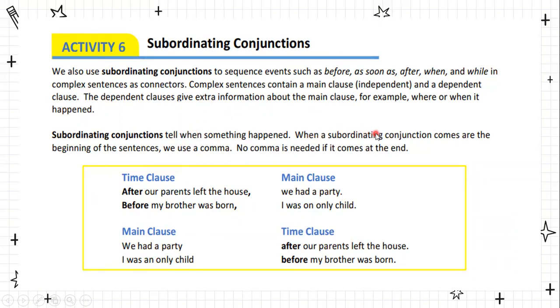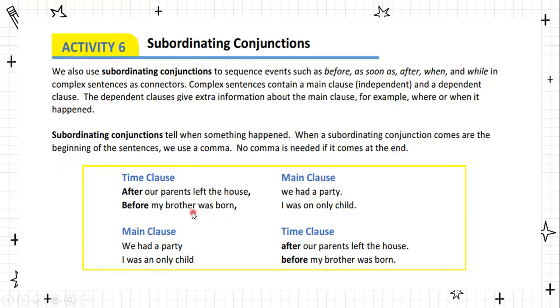When a subordinating conjunction comes at the beginning of the sentence, I use a comma. No comma is needed if it comes at the end, okay? So again, if it starts the sentence, I put a comma after the clause. And if it does not start the sentence, if it comes at the end, there is no need.